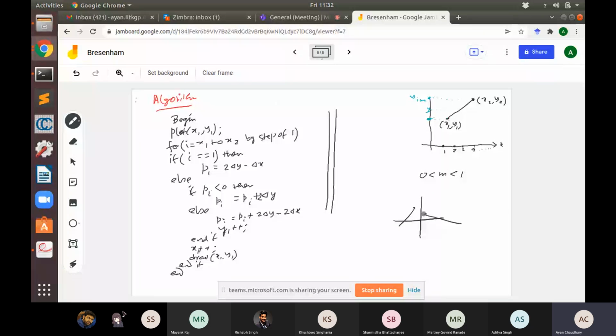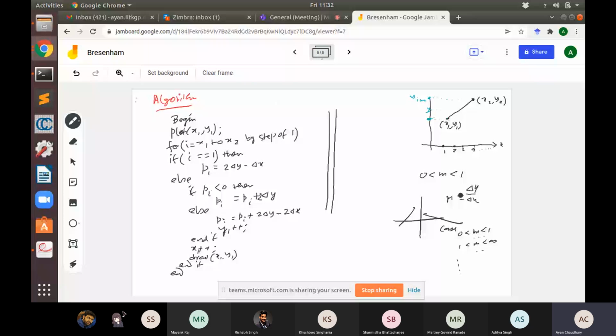So you just compute the slope by delta y by delta x, and then have a case study: if m is lying between 0 to 1, then do this, or else between 1 to infinity, then do this, and so on. So you have to rewrite the same thing for the other slopes as well, and just have a switch case between all these kind of things. You can look at the web for a naive implementation of Bresenham.